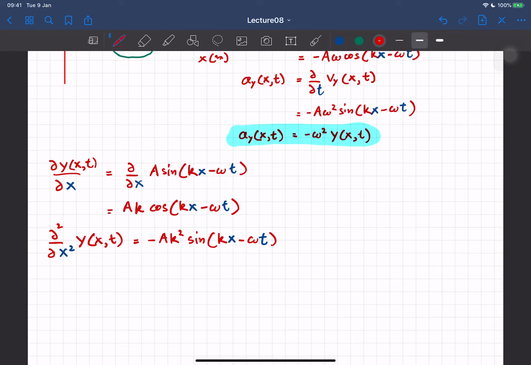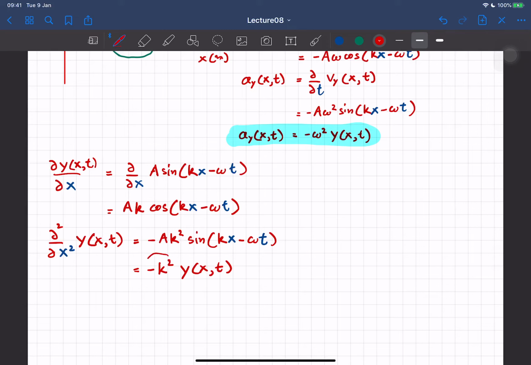Okay, and then you see something familiar again, because a times sine(kx minus omega t), that's y. So here you got minus k squared times y of x and t. All right, so what's the point of doing all of this?